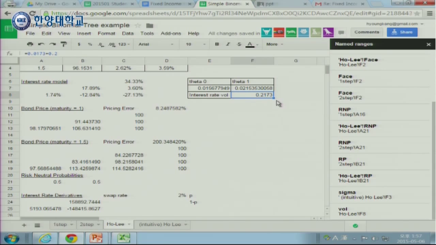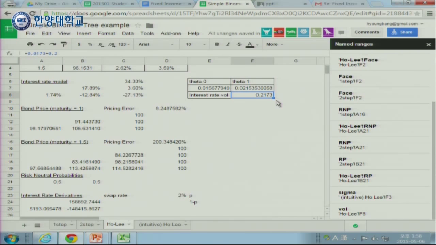Anyway, although we use past data for interest rate volatility, what matters is that we have to put our estimation on the future volatility. So there is a slight logical inconsistency here. We want to know future interest volatility, but we don't have any future data, so we have no other way but to use past data.